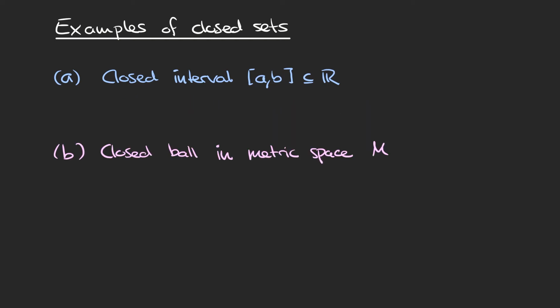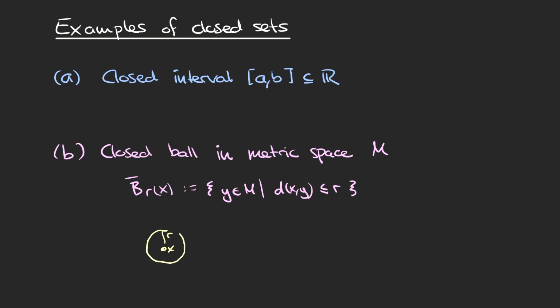Our next example is that of a closed ball in a metric space M. By definition, the closed ball of radius r around x is just all the points y in the metric space such that the distance between x and y is less than or equal to the radius r. Pictorially, if we have some point x and some radius r, we're just considering all points y that lie in the circle of radius r around x.